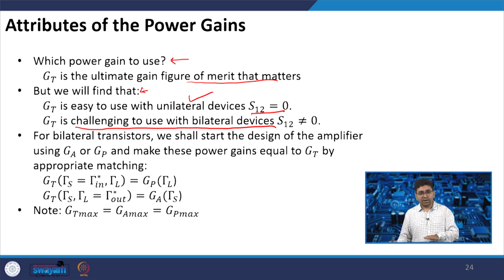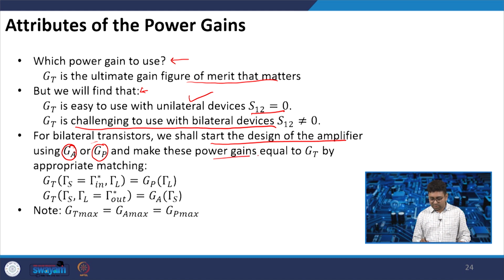When S12 is equal to 0, that is the unilateral case, we can easily use the GT equation. For bilateral transistors, we shall start the design of the amplifier using either the GA or GP equation and make this power gain equal to GT by appropriate matching.